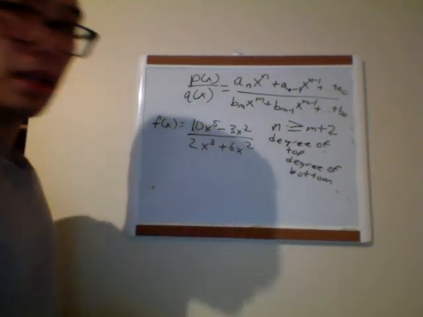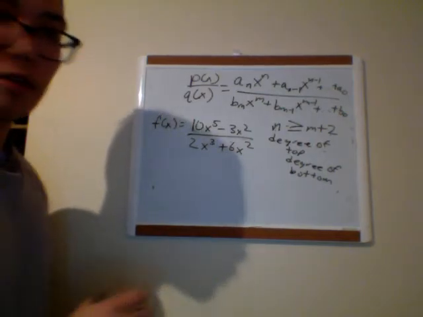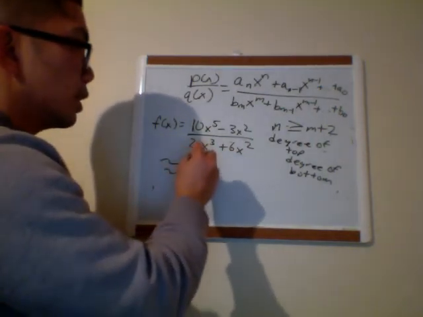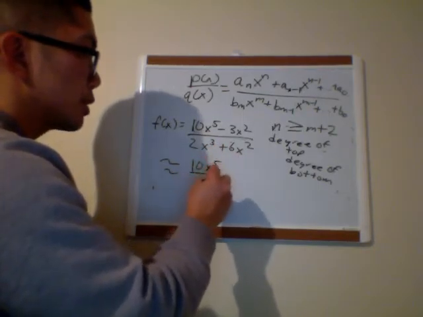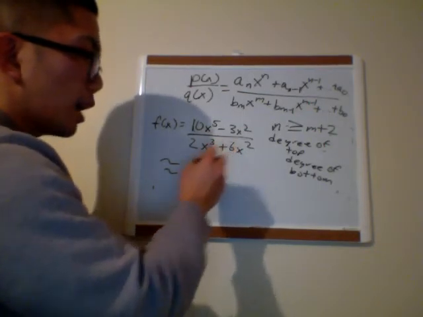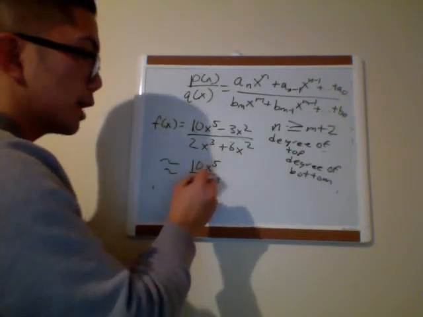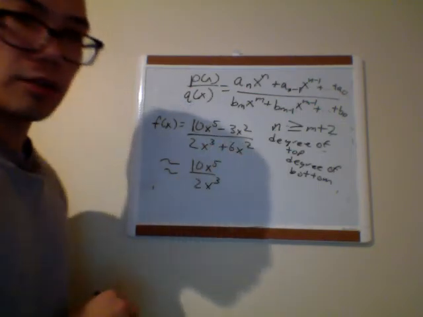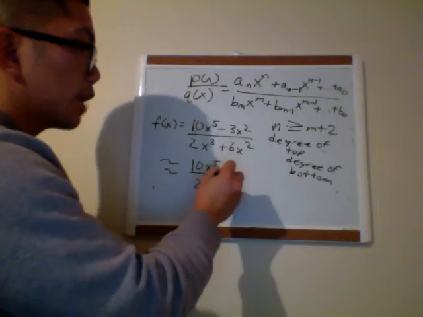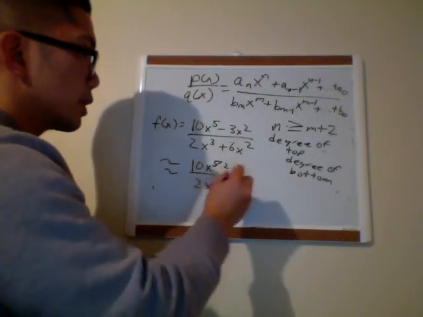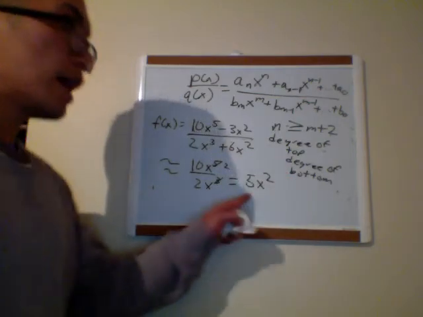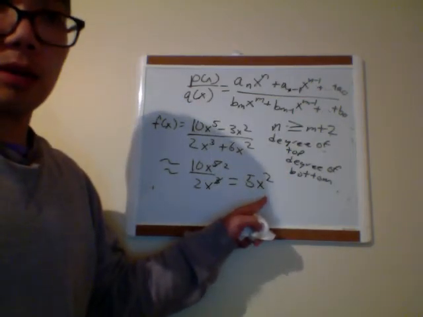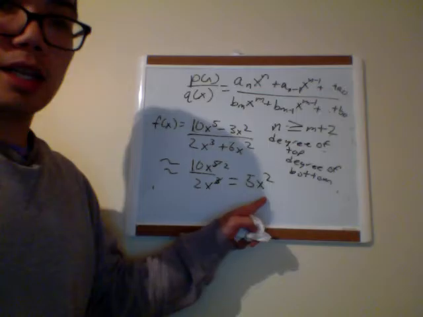The end behavior approaches 10x to the fifth over 2x to the third. Look what happens here. The 10 and the 2 cancel, so I'm left with 5, and I can cancel out the x's, leaving 2 x's on the top. So this is equal to 5x squared, and that is basically a parabola. It's going to act like a parabola.